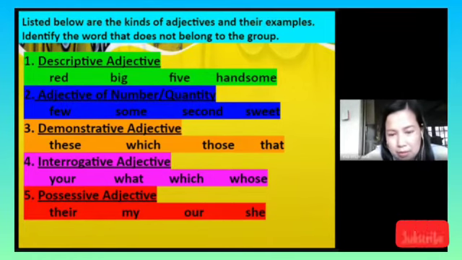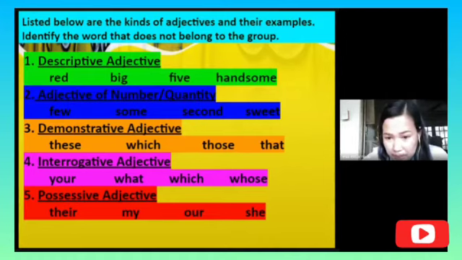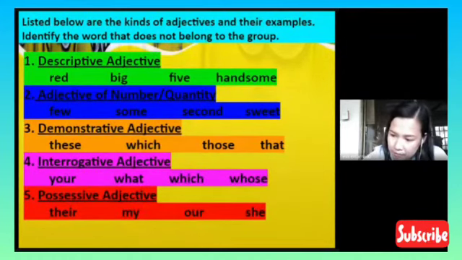Next, number 4, interrogative adjective. Your, what, which, whose. Number 5, possessive adjective. Their, my, our, she. Okay? So, I guess you're done.